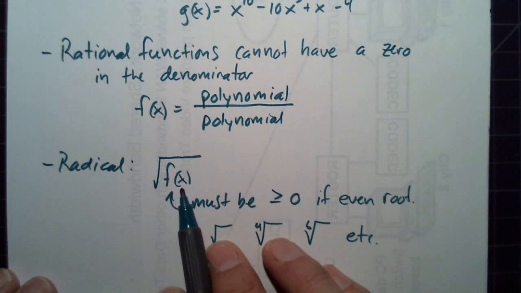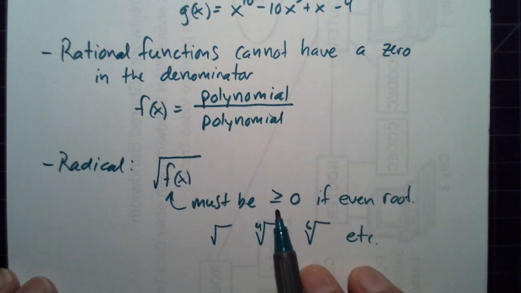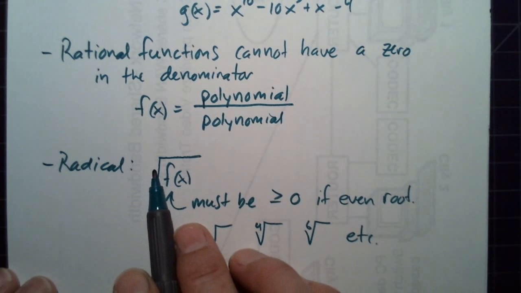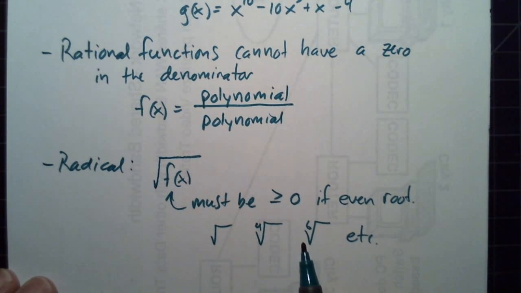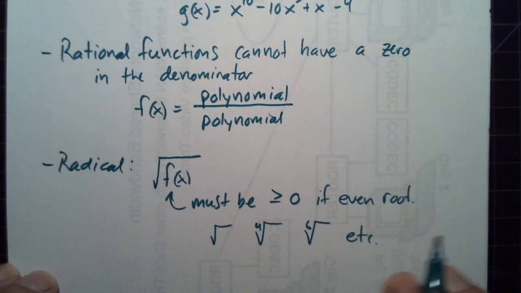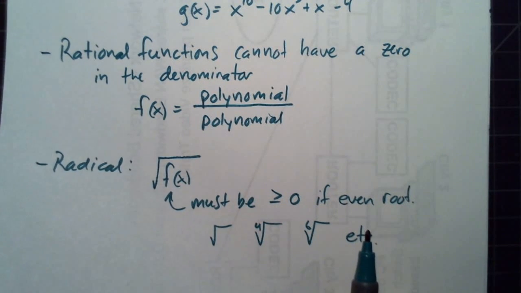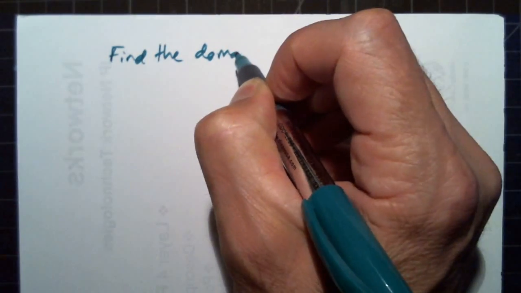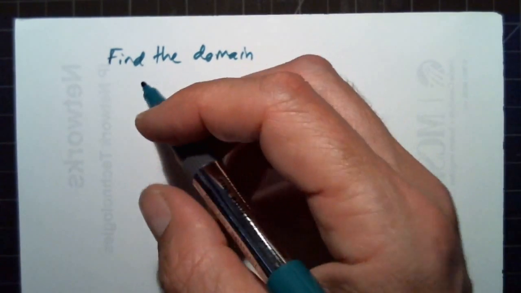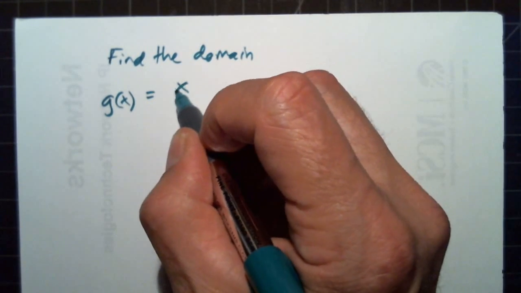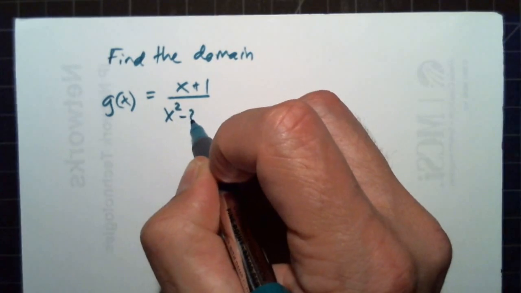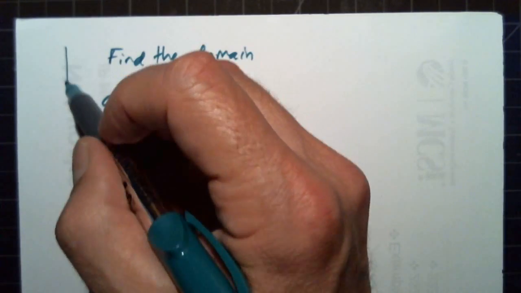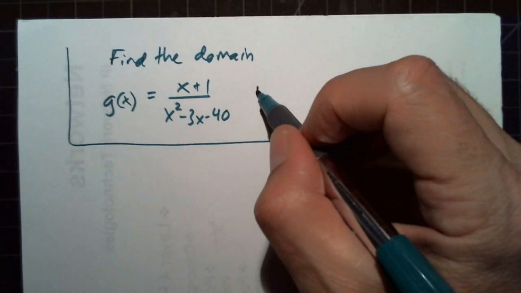So we know that the inside of the radical, called the radicand, must be greater than or equal to 0 if we have an even root, like a square root, a fourth root, a sixth root, and so those are some shortcuts to finding domain. Let's see if we can do 3 of them.